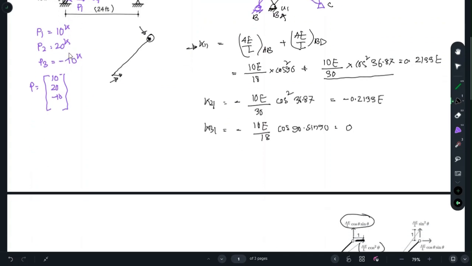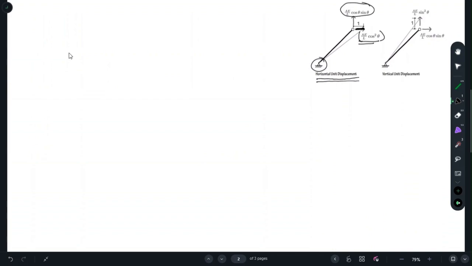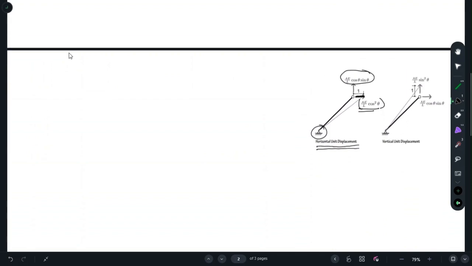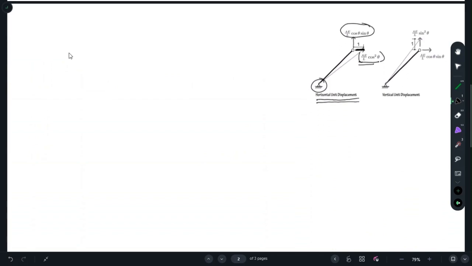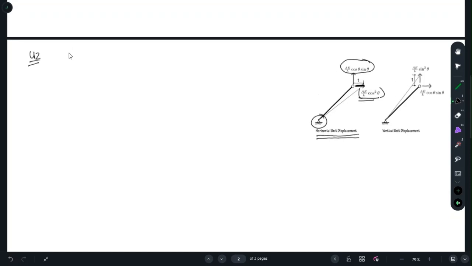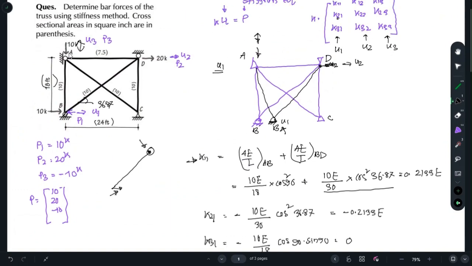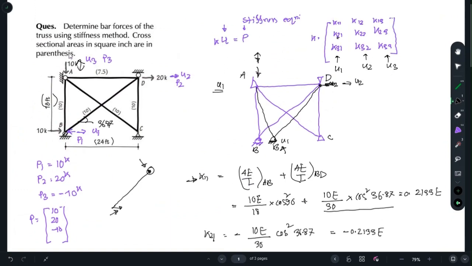For the next six stiffnesses, we'll go a bit faster. I just showed you the detailed math right over here. Let's say we'll find out for U2. For U2 displacement, we'll find this matrix. And for U3, we'll find this matrix.